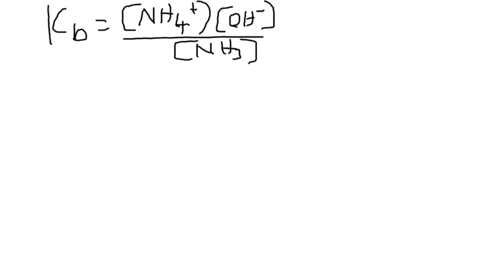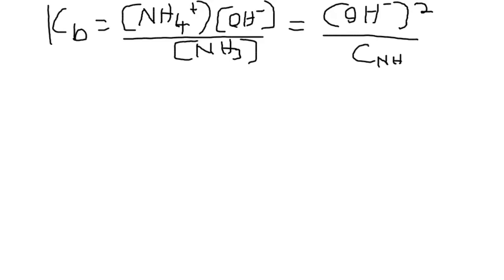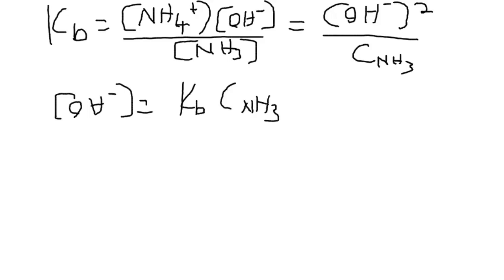Since ammonium and hydroxide are approximately equal, that was one assumption we made, this is equal to OH- squared, and we said that the ammonia at equilibrium is approximately equal to the initial. So we'll just rearrange. So we get the OH- concentration equals Kb times the initial concentration of ammonia, square rooted. We have those values.